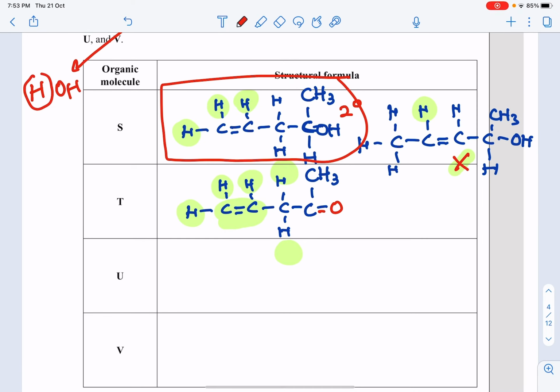So in other words, we have to think, should we put the H on carbon number 1 or carbon number 2? That is where we have the Markovnikov rule.